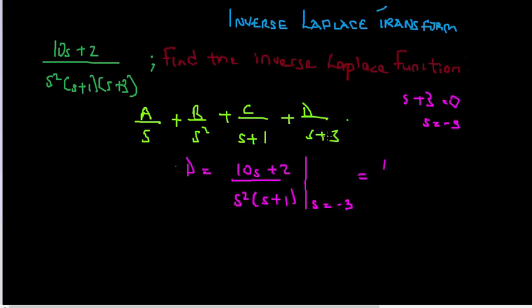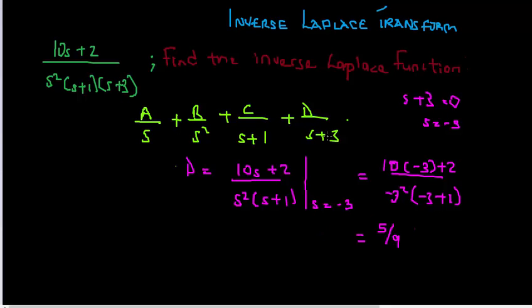This becomes 10 into bracket minus 3 plus 2 over minus 3 squared into bracket minus 3 plus 1. Now if you solve this correctly, you should have D equal to 5 over 9.